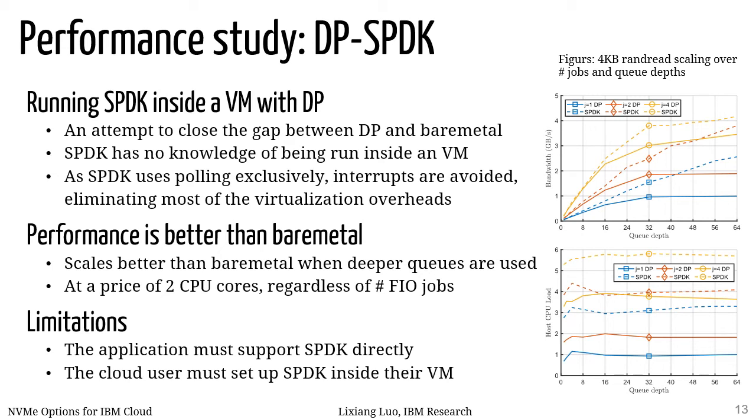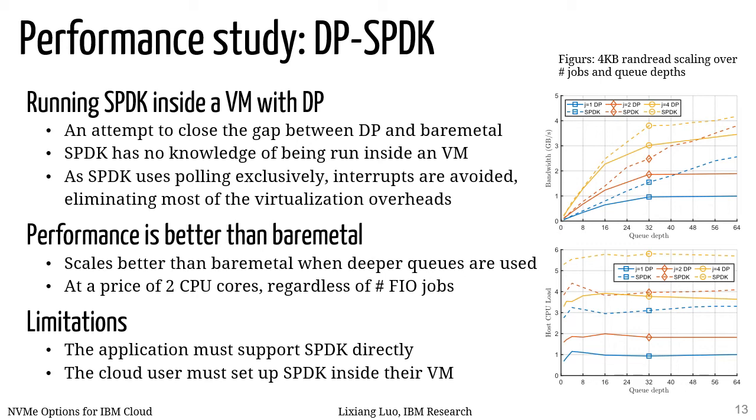In this case, SPDK has no knowledge of being run inside a VM, and it just keeps polling using its polling mechanism. That eliminates most of the interrupts, and as a result, the virtualization overheads are greatly reduced. We find that the performance is even better than bare metal.